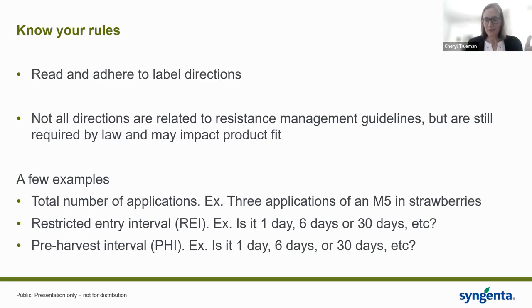You need to consider the restricted entry interval. Is it 1 day? Is it 6 days? Is it 30 days? And the same with PHI, right? Because that will impact where things are placed in the program. And there could be other secondary standards that you have to deal with as well.